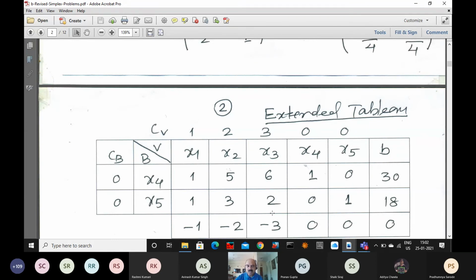We will find the ratio. 30/6 is 5, 18/2 is 9. Minimum ratio is coming with respect to 6 because 30/6 equal to 5. So if X3 is the entering variable, then which is the departing variable? X4. X4 is the departing variable.